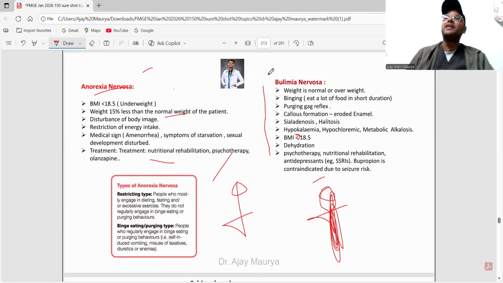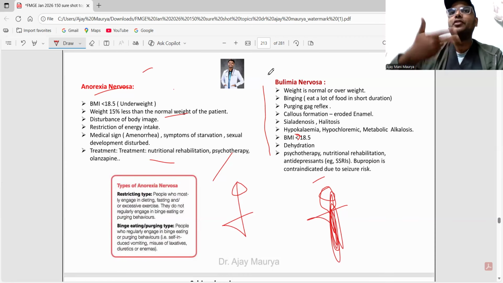After eating, he realizes, oh my God, I have to remove all my food because I am very fatty. He keeps on eating.